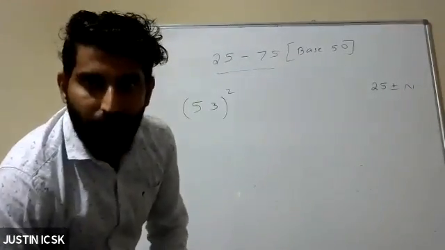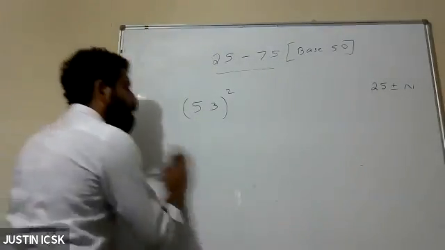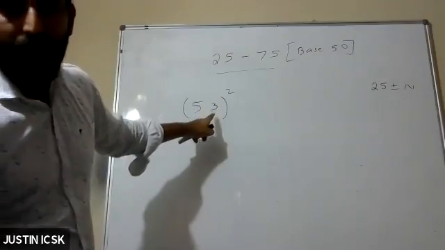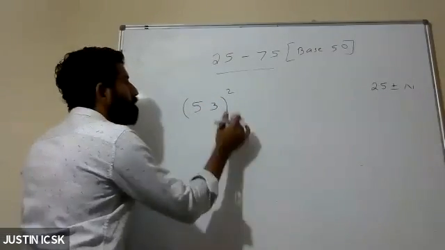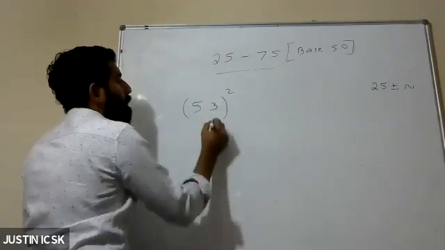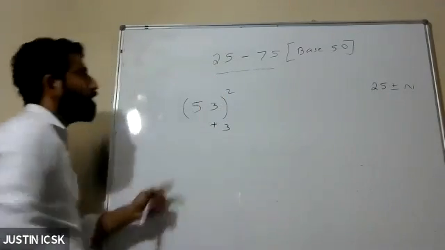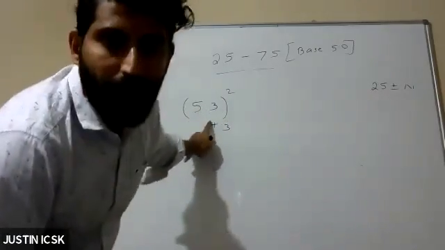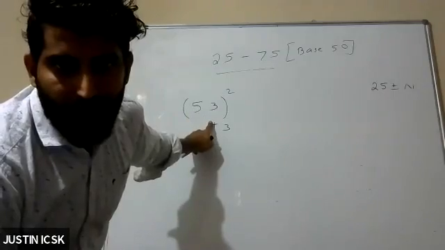So when we take 53 square, it is plus 3. 50 plus 3 is 53, right?